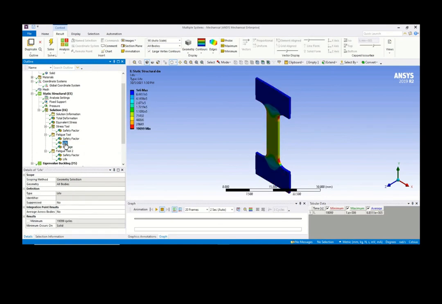So here, if you're looking into life itself, at this particular region, the red one, is around 19,000 cycles. After 19,000 cycles of this completely reversed stress, this fatigue will happen. That's what it means.